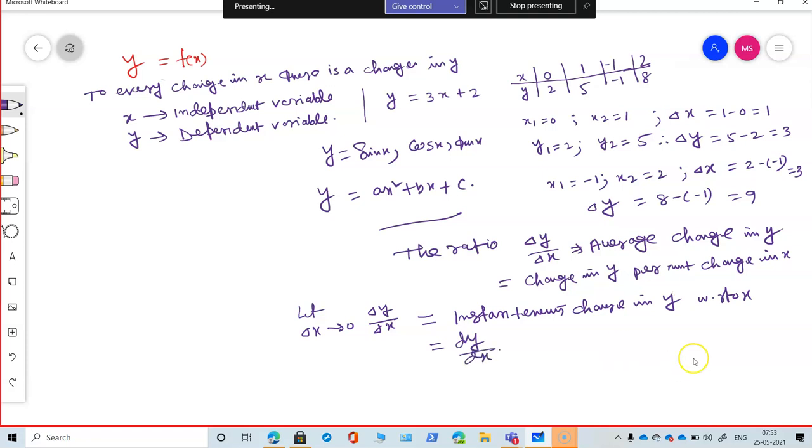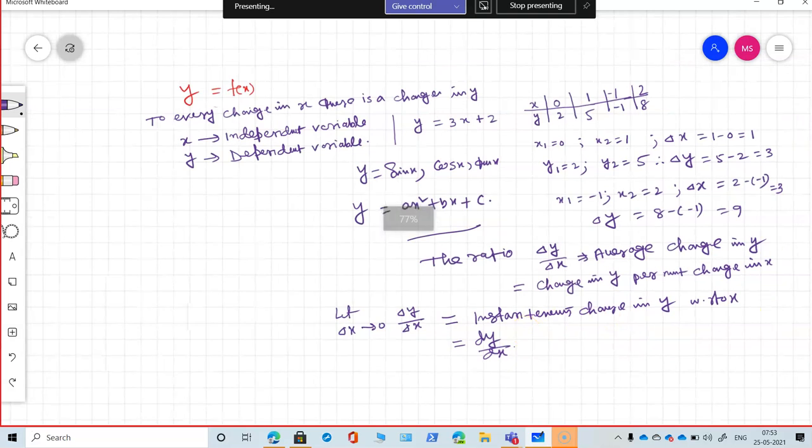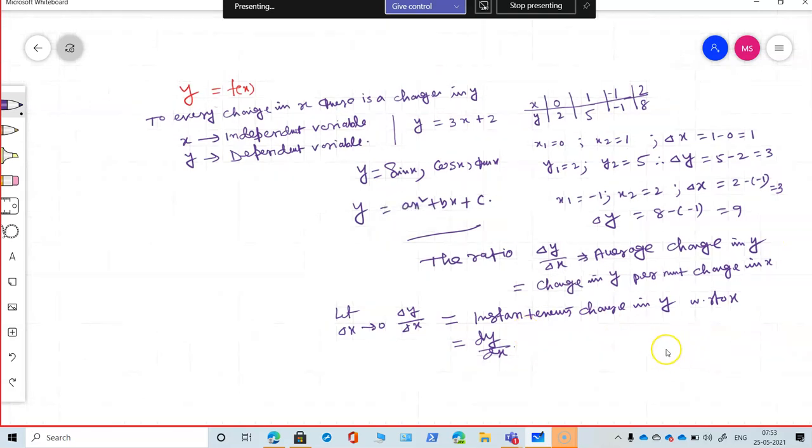Okay, so dy by dx meaning is this only, that dy by dx is limit delta x tending to 0, delta y by delta x. Now let us go back there where we were defining that change in x.